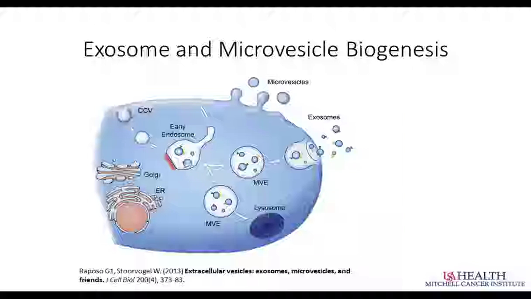True exosomes are developed through an endocytic process. So small clathrin-coated pits actually invaginate from the exterior of the membrane, forming what we call an early endosome.